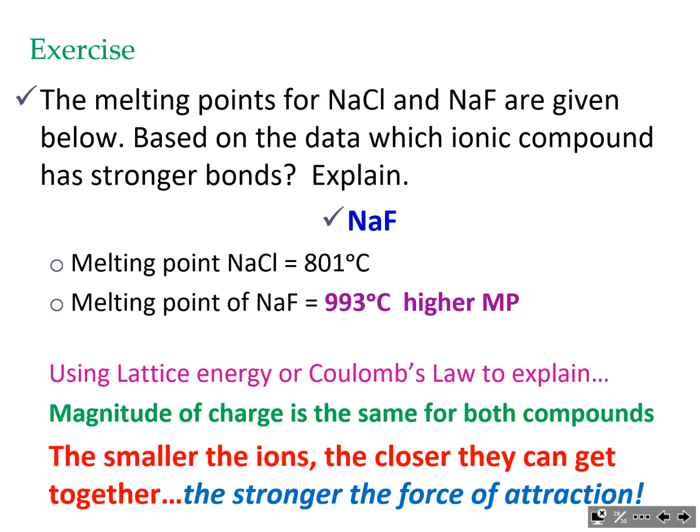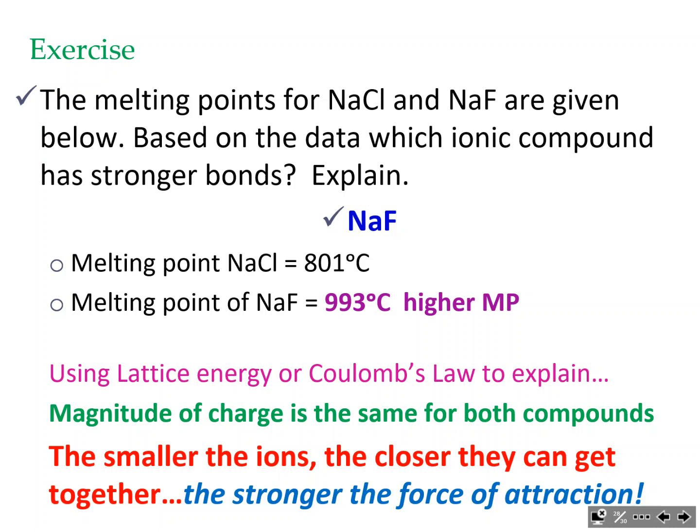The shorter distance means higher lattice energy, and you can refer to the lattice energy equation, or to Coulomb's law and say the same thing: the distance on the bottom means the smaller ion is going to have the bigger lattice energy or force of attraction.